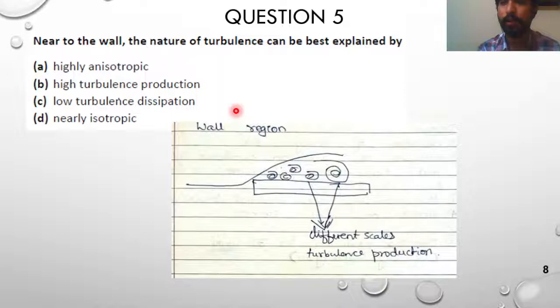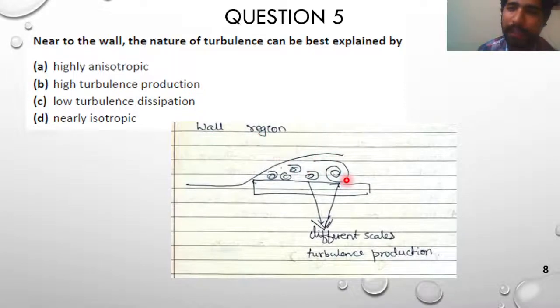The impingement of the fluid happens on the wall, and because of the skin friction which exists, especially in the case of hard walls or rough surfaces, turbulence gets produced and it is dissipated near the free stream region. So this low turbulence dissipation occurs far away from the wall region.